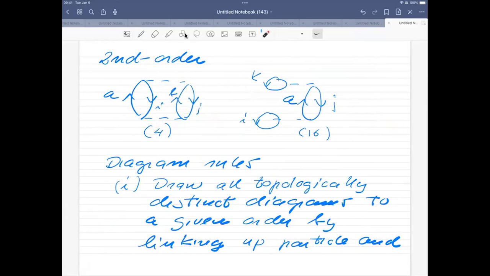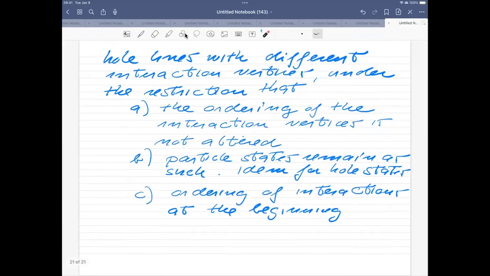And this t0 could be back in infinite time. And then something happens in between. And then at a time t1 here, you have a final state which is being produced. And the system remains, for instance, in that state. So that means that the ordering of the interactions at the beginning and at the end is unchanged.